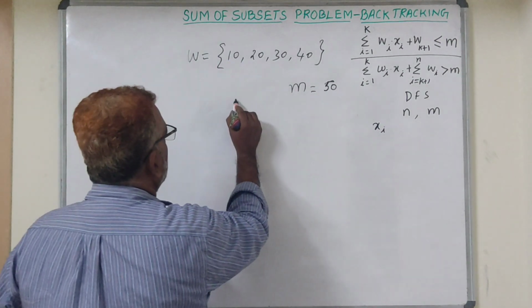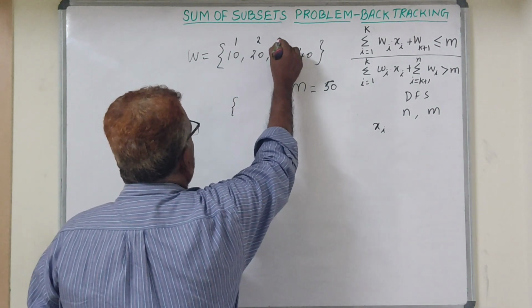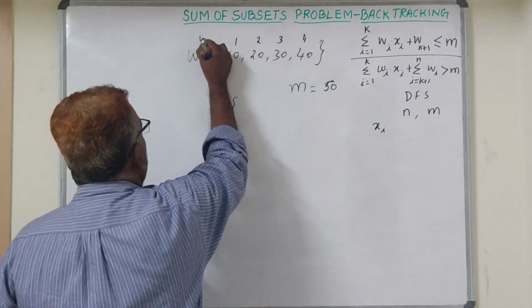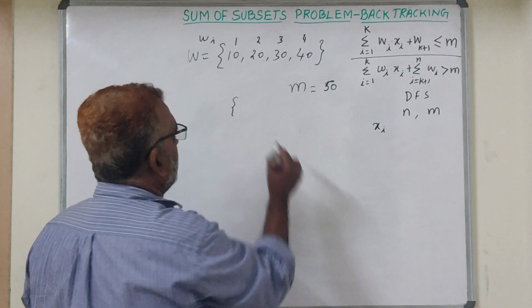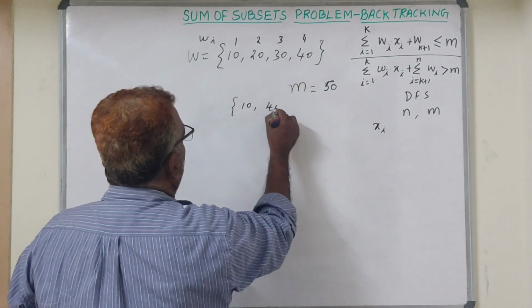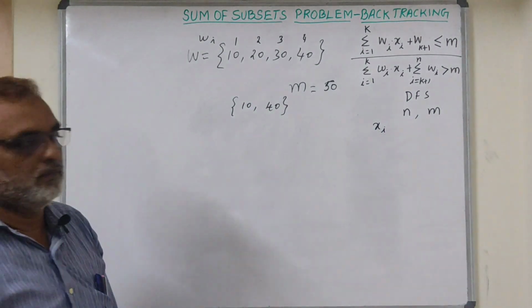See, for example, these are the elements 1, 2, 3, 4. These are the wi, and I can select the weights. For example, 10 and 40 gives 50. This is one subset.